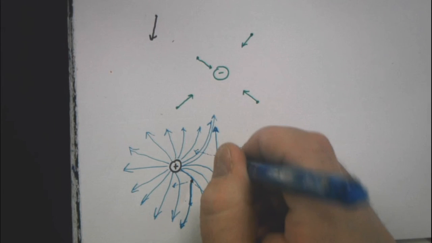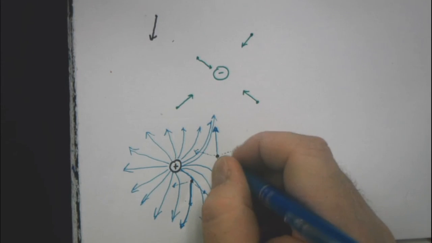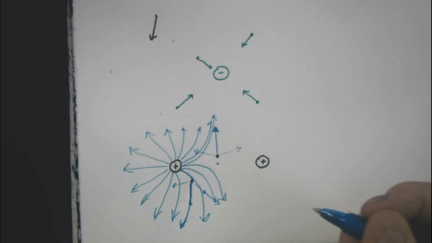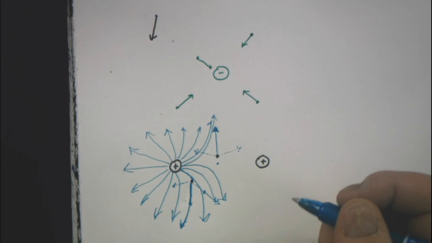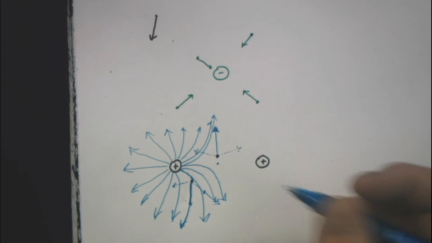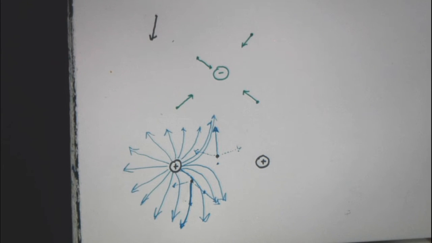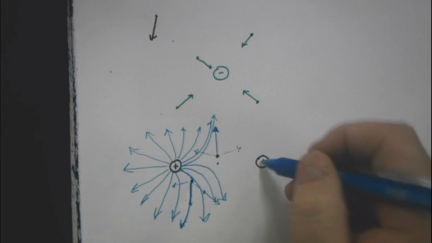There is a point right here where it would experience a net force of 0, but it would be highly unstable, and as soon as it was a tiny part away from that one point, it'll shoot off in one direction or the other.